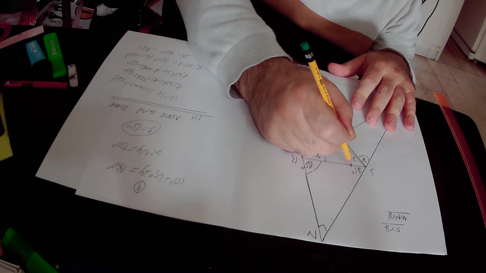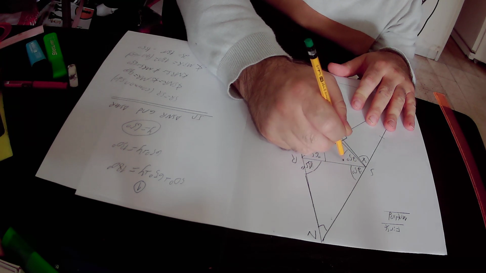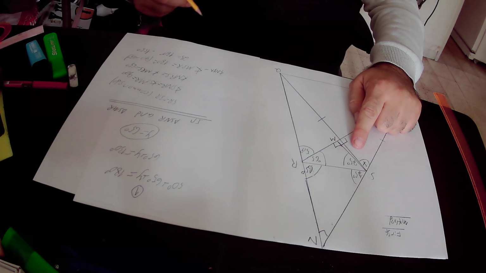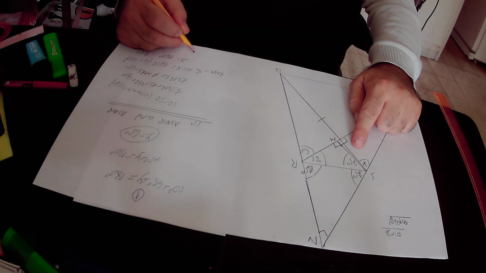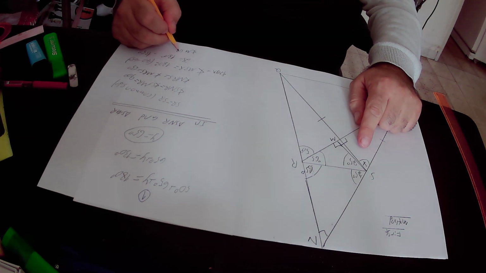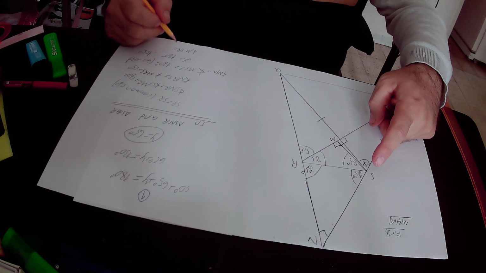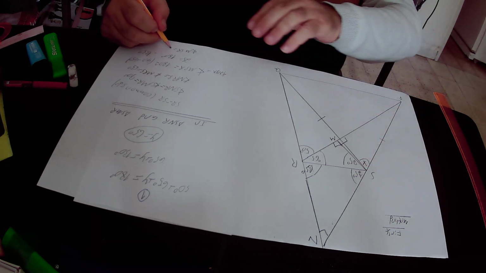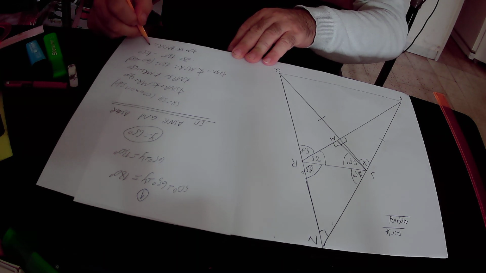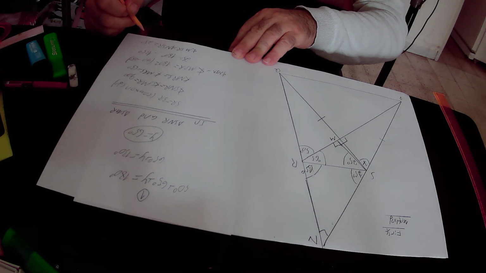That is to say, angle MSR equals angle NSR, and both angles are equal to 25 degrees.